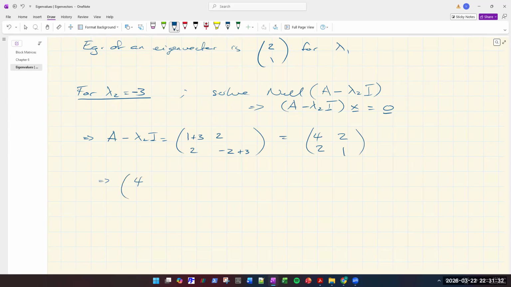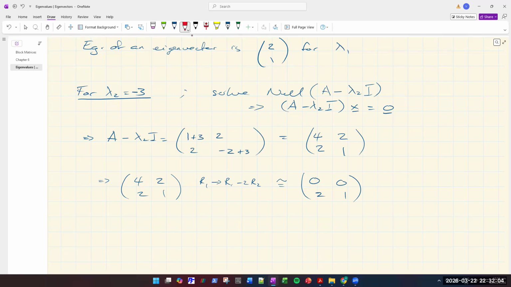Right, so we could reduce this guy. So we could do again, row 1 goes to row 1 minus 2 row 2. So 4 minus 2 by 2 is 4, which is 0, 2, 0, 2, 1, right?